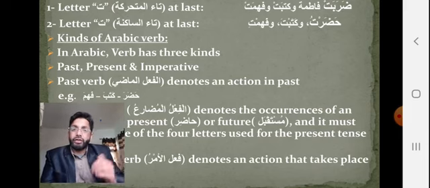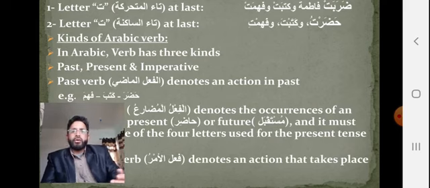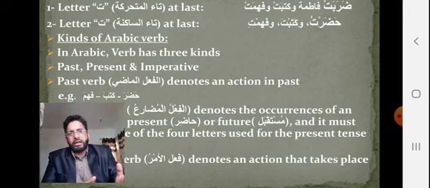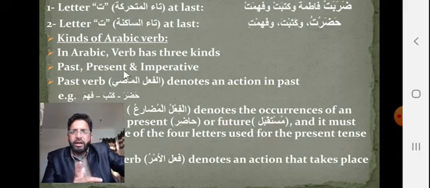But when I want to use this for future, I can say sayadribu, he will beat. Or I can say sawfa yadribu, soon he will beat. So for making a present tense specific for future, we add seen or sawfa on it. So that's why there is not a separate kind in Arabic verb for future. So past means fi'l madi, present fi'l mudari, and imperative means fi'l amr. Imperative means where there is command.